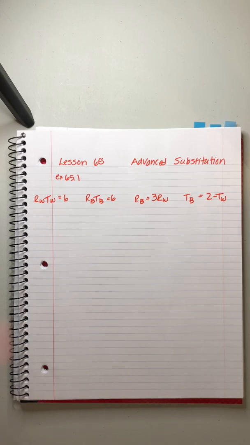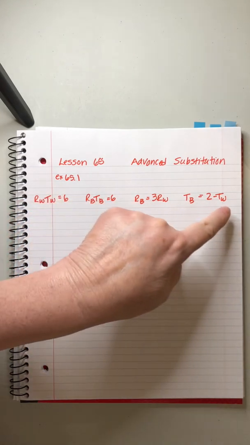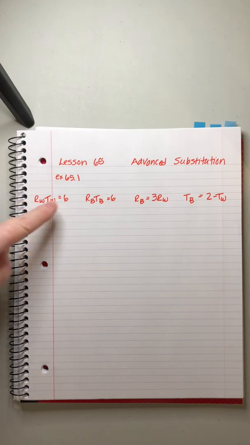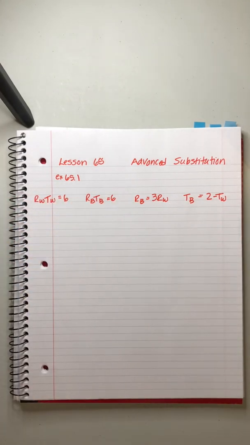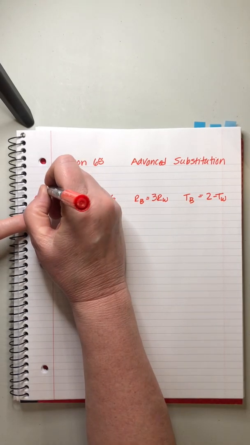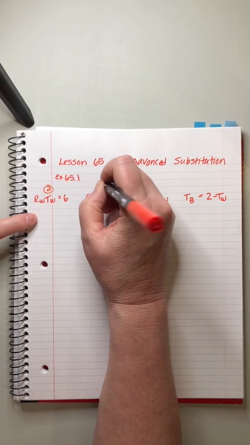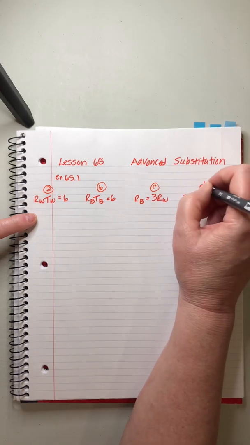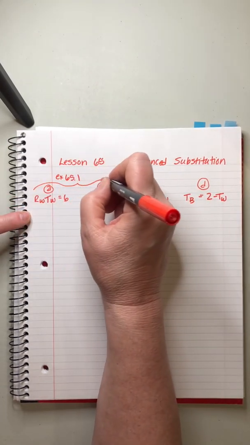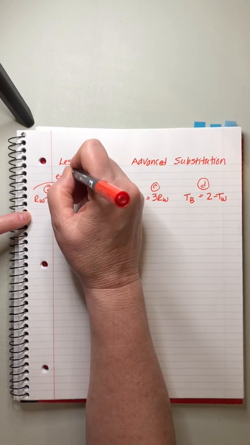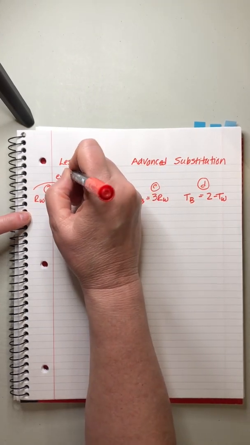The equations in this system that John is teaching us to use, there will always be 4 of them. He will always give them to you in this order, and there's always a pattern. If we call them A, B, C, and D, we know this. Either A or B will be the base.